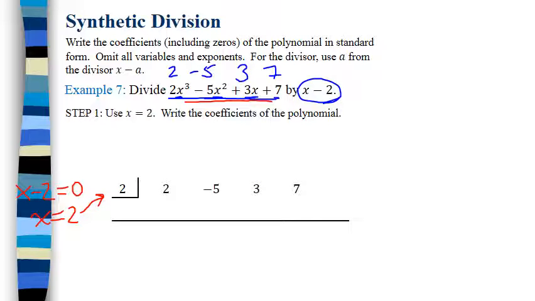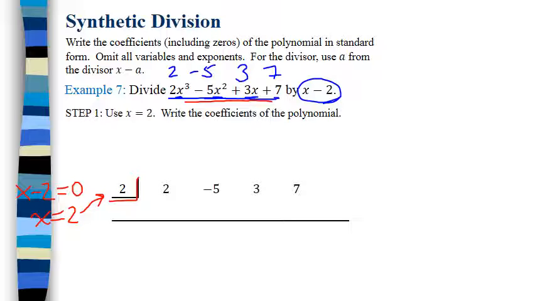If you remember from quadratics, it's a root if x minus 2 could be written equal to 0, and so that's when y was 0. So x minus 2 equals 0, so x equals 2, and so 2 goes in this little side. Okay, so once you have this set up, all synthetic division uses the exact same procedures.